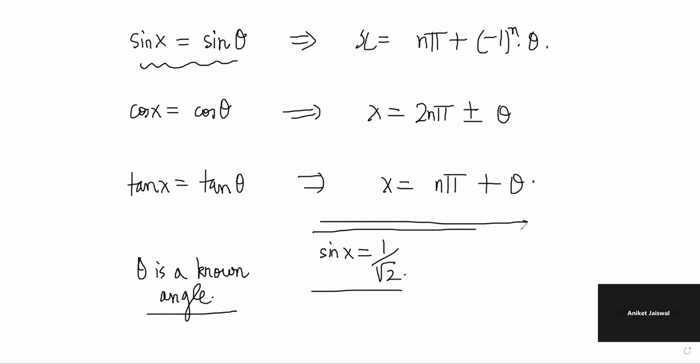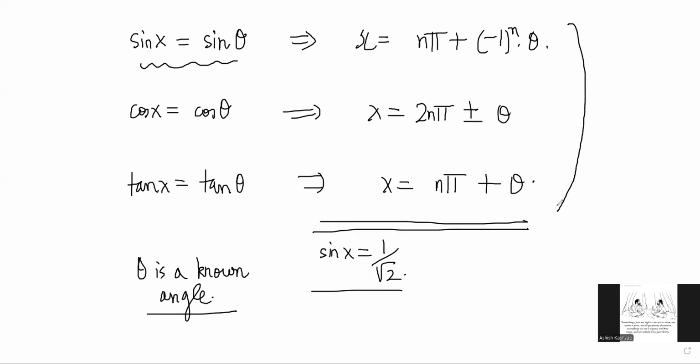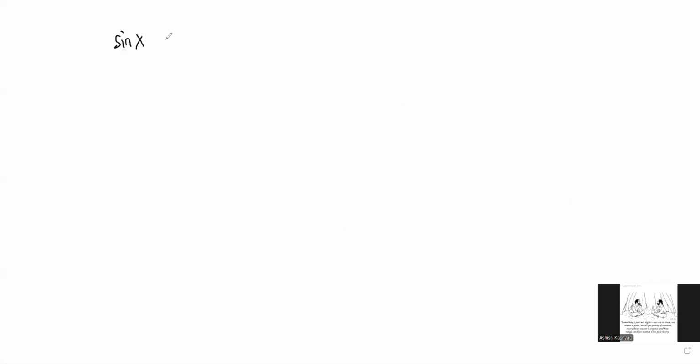The derivation of this you must know. The derivation comes from basic knowledge of sine and cosine functions, how their graph is, and also from, for example, you'll do this: sin x minus sin theta is 0. I want to solve this equation. Suppose I don't know the formula. What will I do? I will use the sin c minus sin d formula, right?